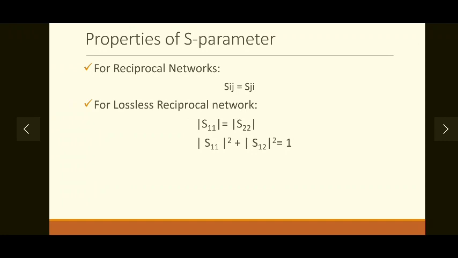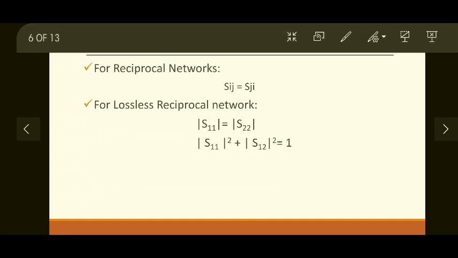So we can summarize some of the properties. For reciprocal networks, Sij is equal to Sji because it satisfies the transpose condition for the S matrix. For a lossless reciprocal network, diagonal elements are equal. For a matched lossless reciprocal network, diagonal elements will be 0. And the second term that we have mentioned here is nothing but the unitary property, because here we are considering only magnitude.